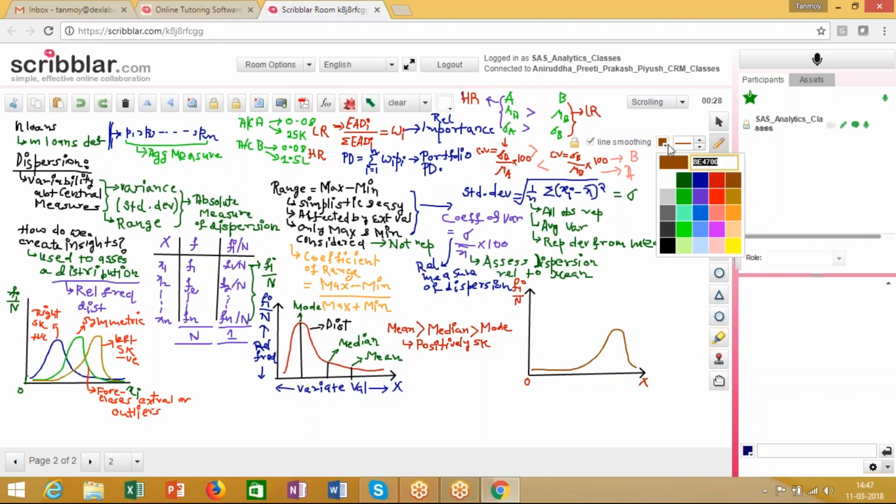Now obviously for this distribution I can see that the mode lies towards this value.